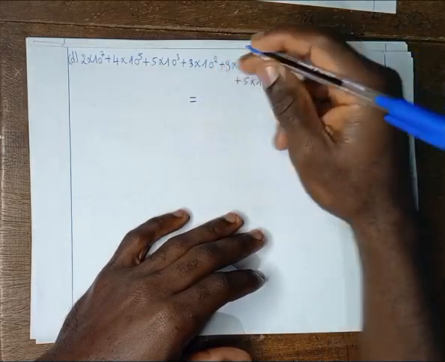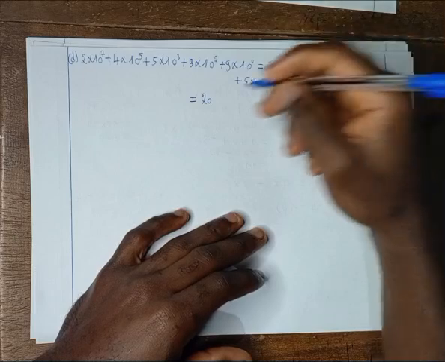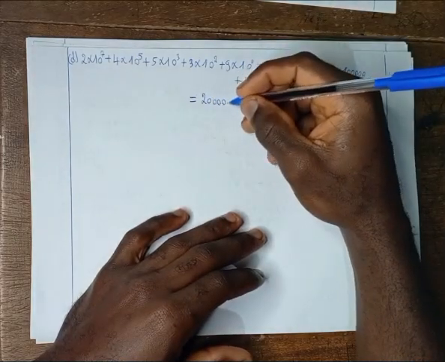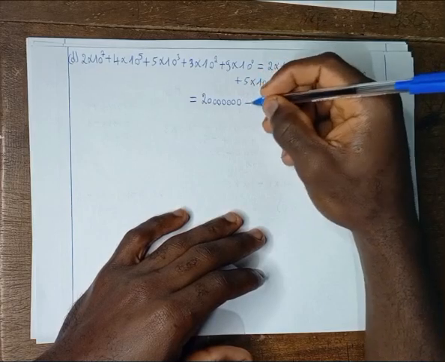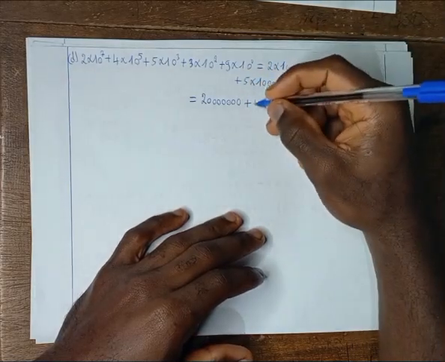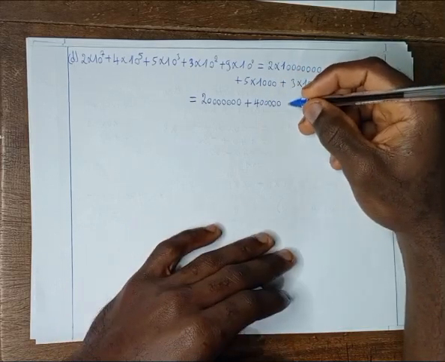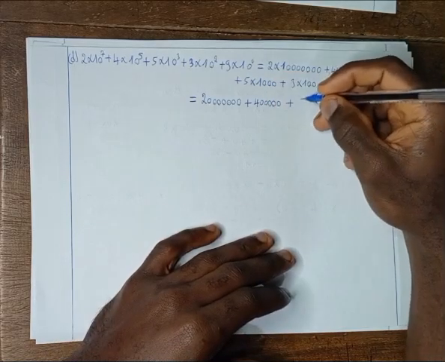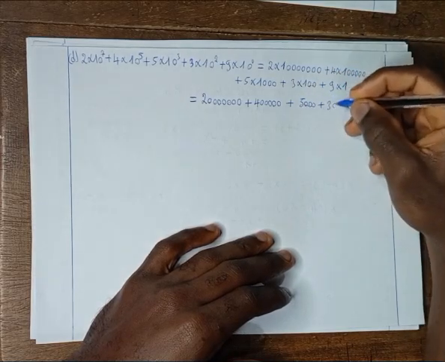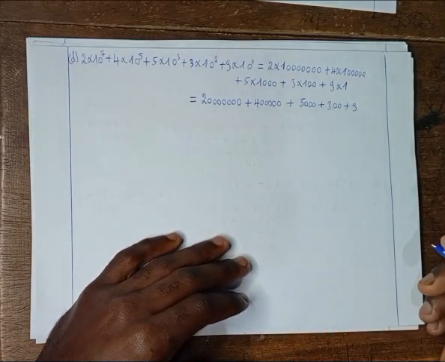Next, if we expand, if we multiply, take 2 times 10 million, this will give us 20 million, plus 4 times 100,000, this will give us 400,000, plus 5 times 1000 will give us 5,000, plus 3 times 100 will give us 300, plus 9 times 1, which is 9.